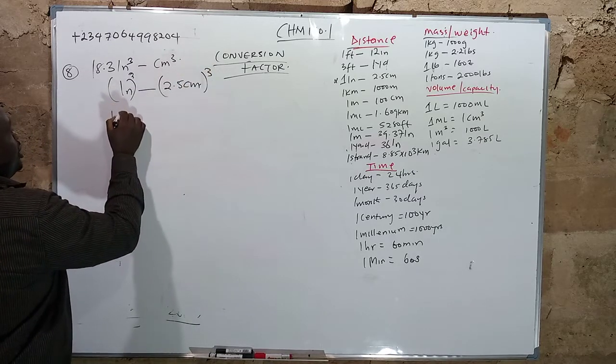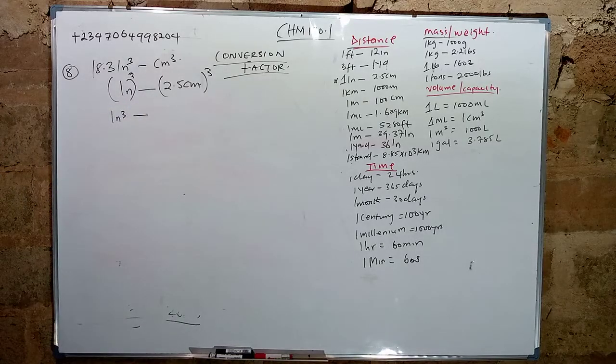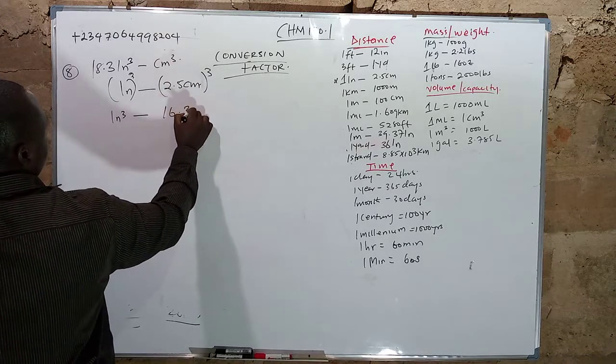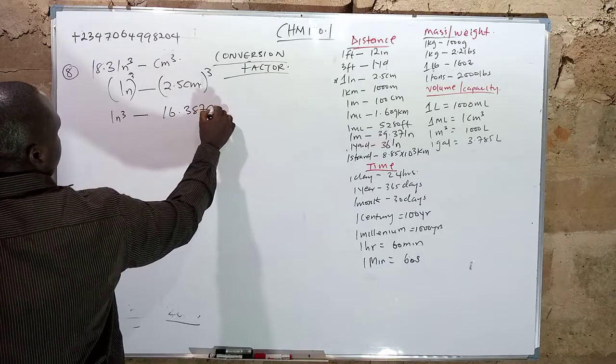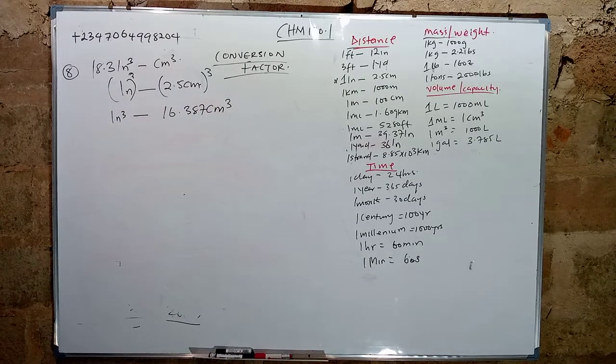So here we have inch cube is equivalent to 2.54 raised to the power of 3, which should give you 16.387 cm cube, right? Good.